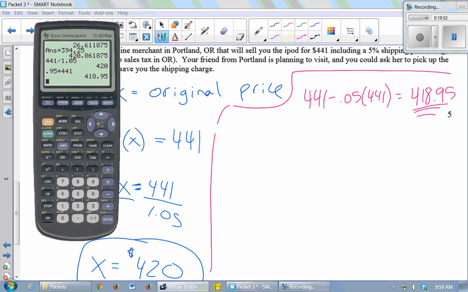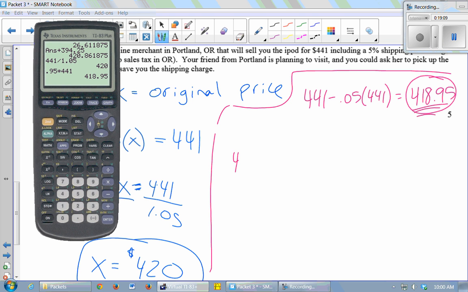So then we should check, though. Like, we should check that if you think that this is the original price of the iPod with no shipping, we should be able to take 5% of that and add it back on and end up at 441, right?